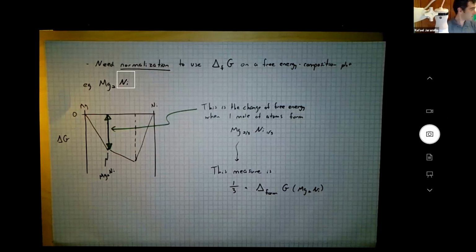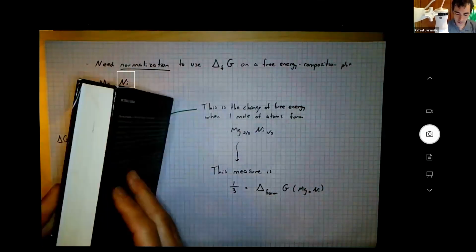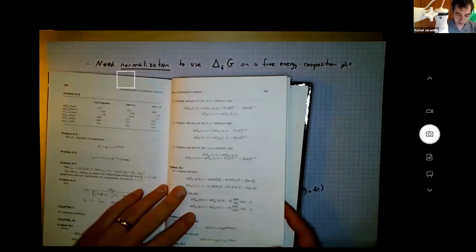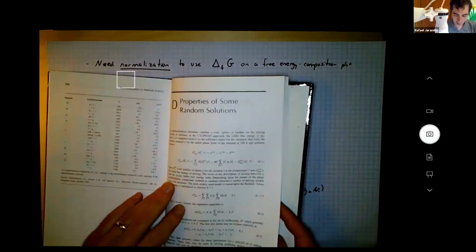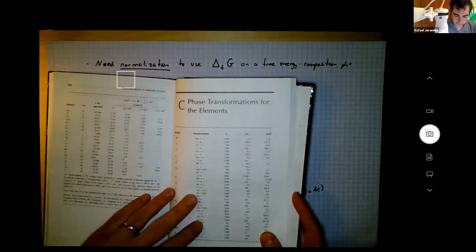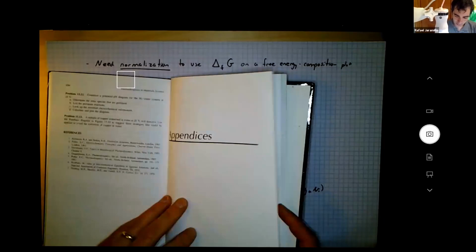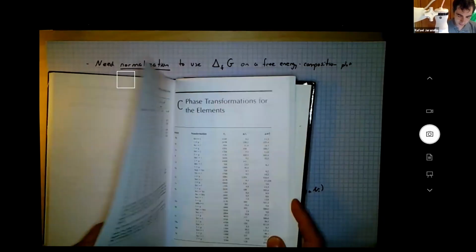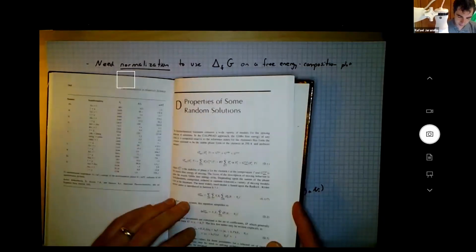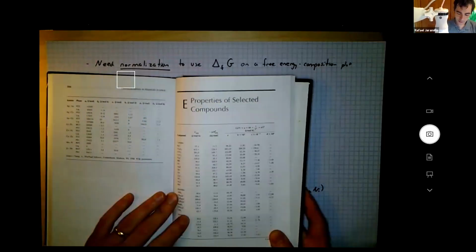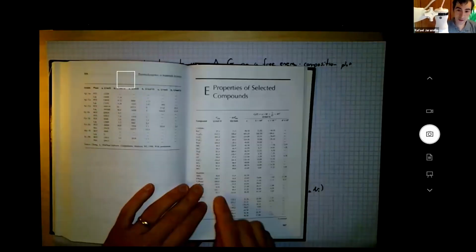It's easy to mess up when you're trying to do a free energy composition diagram, when you're trying to model a system, and you go to the textbook or you go to the databases and you look at formation energies of compounds. And the formation energies of compounds are listed per mole of compound, right? So if I go over here, again, there are lots of databases out there, but they're all going to list something like this: properties of selected compounds.